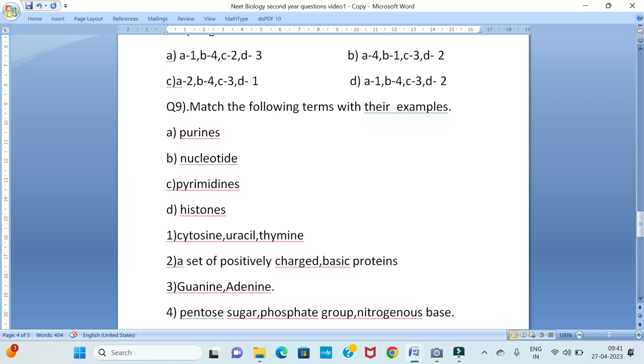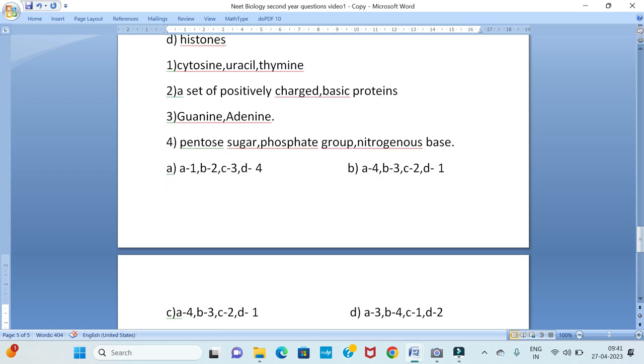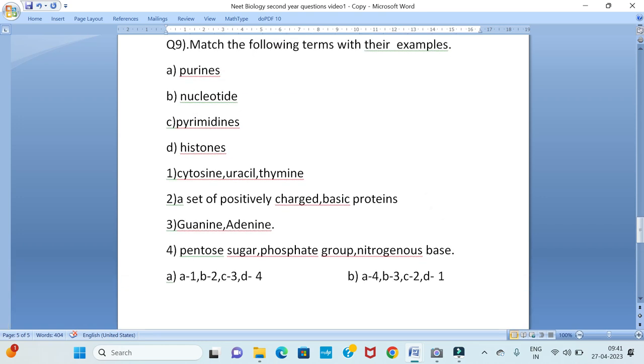What is the answer? First is purines. Purines is A3. A3, where is this? D.